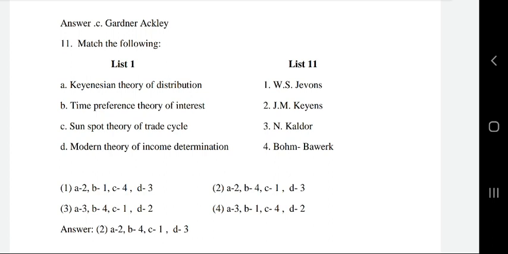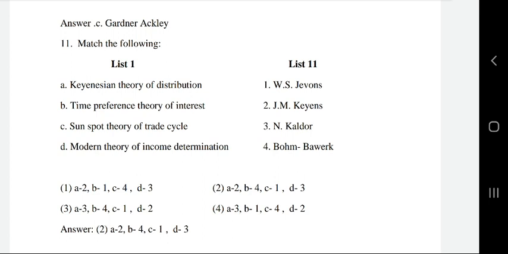List 1: Keynesian theory of distribution, time preference theory of interest, sunspot theory of trade cycle, modern theory of income determination. And list 2: W.S. Jevons, J.M. Keynes, Encaldo, Pompeour.